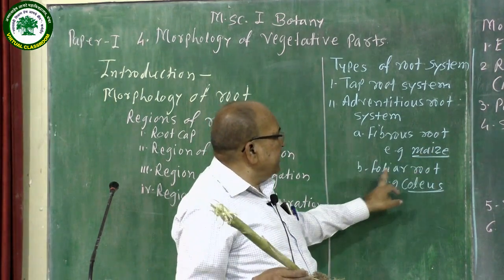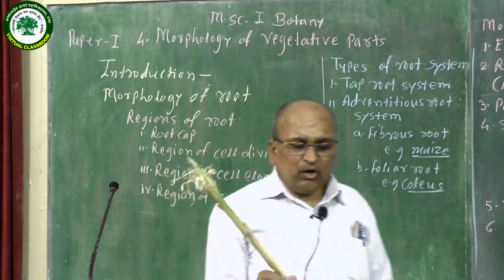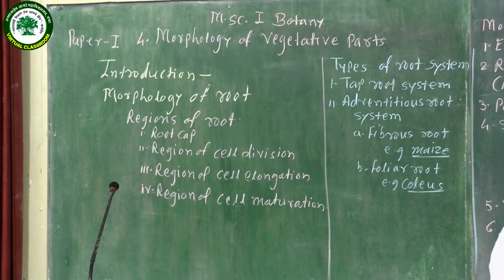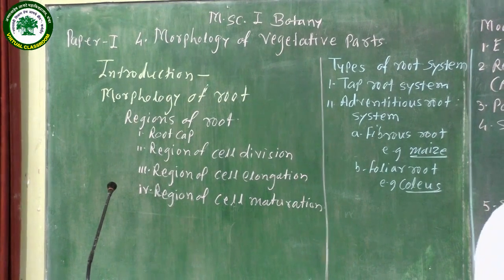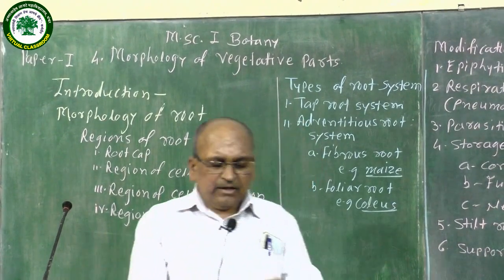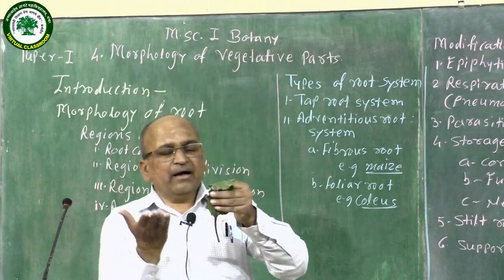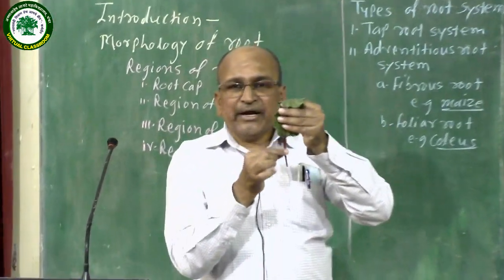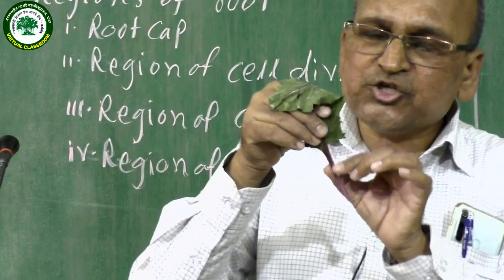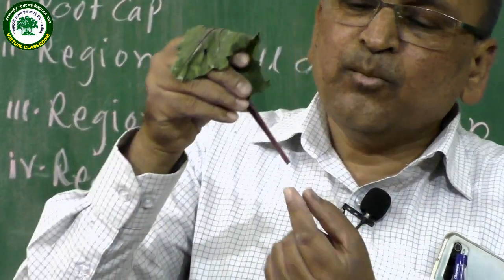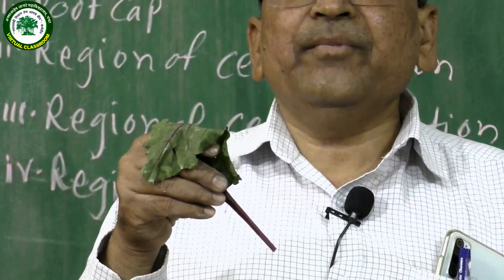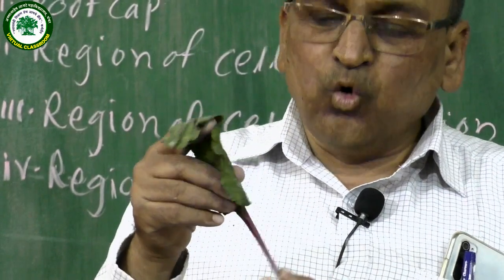Second one is the foliar root. In foliar root, when we take a leaf of coleus, its petiole, and dip it in moist soil medium, at that time from the basal region of the petiole it bears a number of adventitious roots.